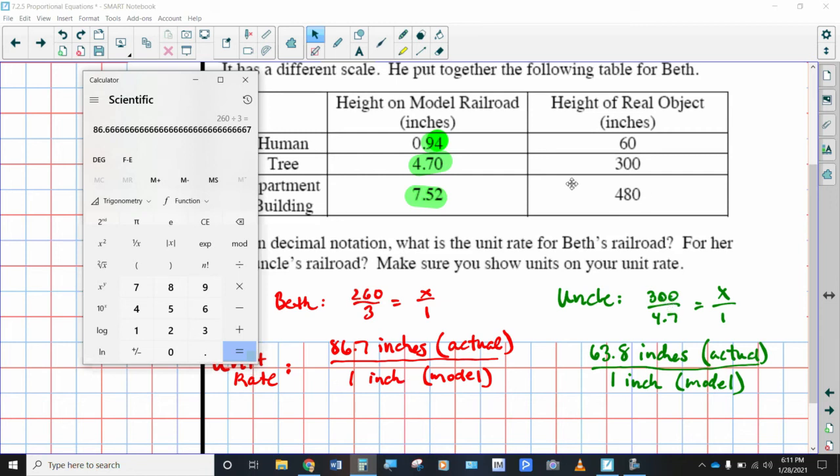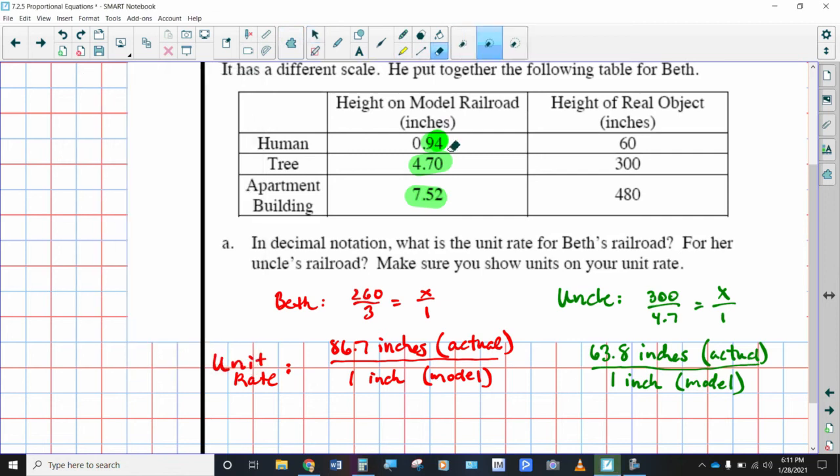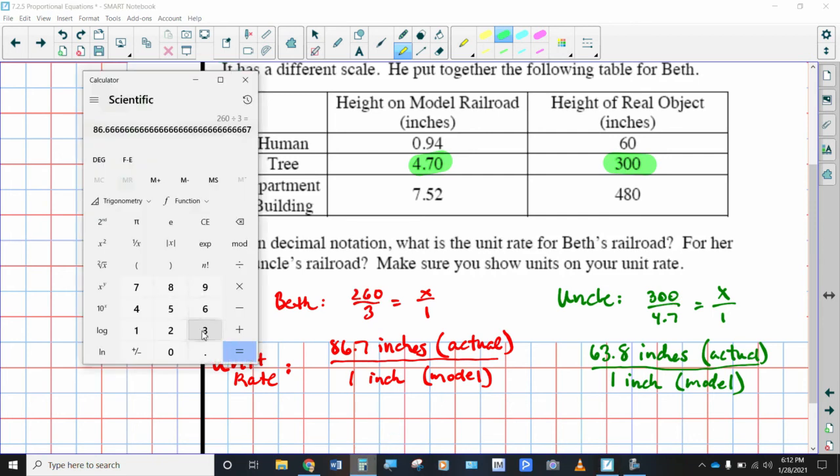And now for the uncle, I just decided I would take this one right here. Let's take those two, but you could have taken these two numbers or those two numbers as well. I guess I just decided to go with 3, they looked like some easy numbers. So what is 300 divided by 4.7? To find the unit rate for this situation, 300 divided by 4.7, you get 63.829.